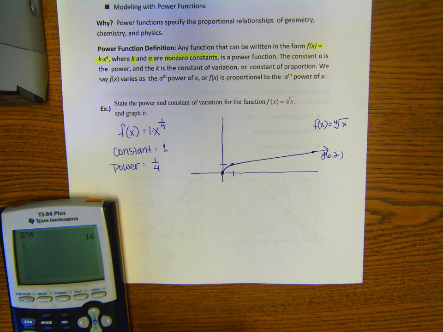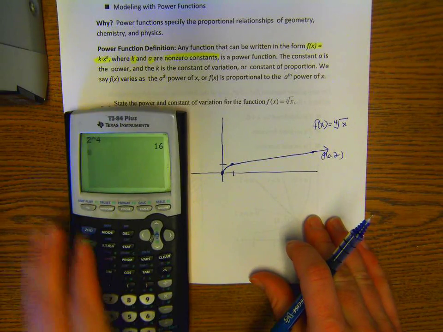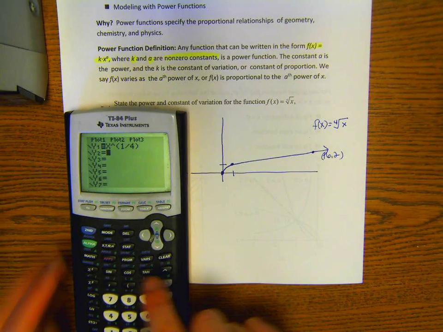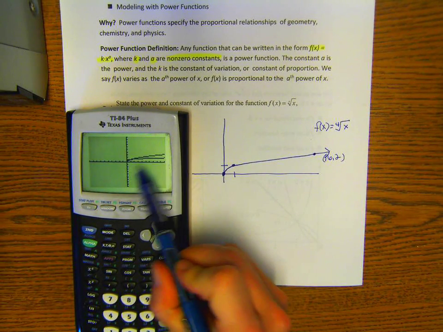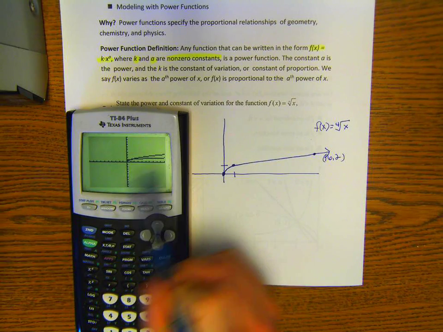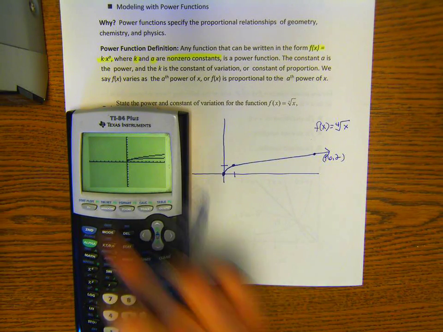I wonder what a 6th root would look like. So I'm going to go ahead and put the square root back up there. There's the square root. Do you see how the square root grows a little bit faster? Okay. Let's see what's going to happen with the 6th root.